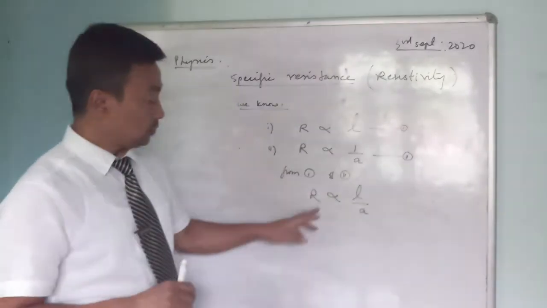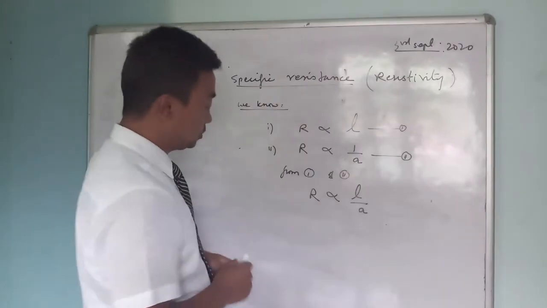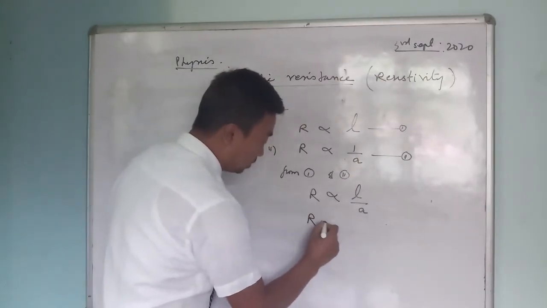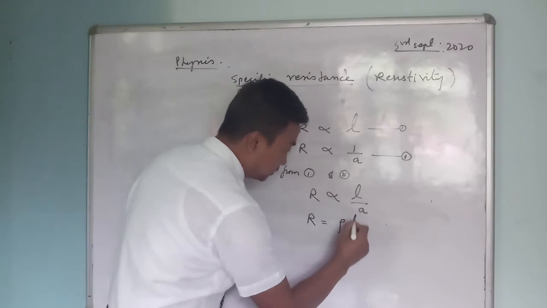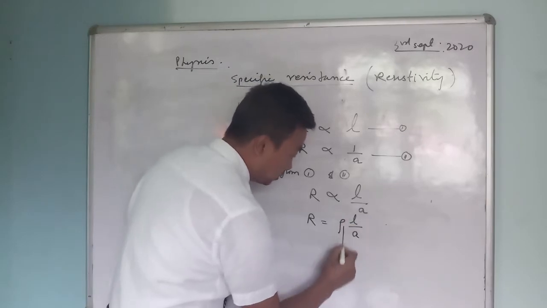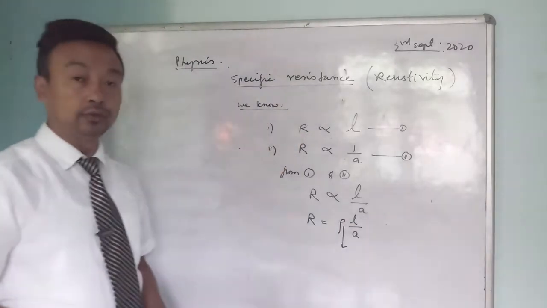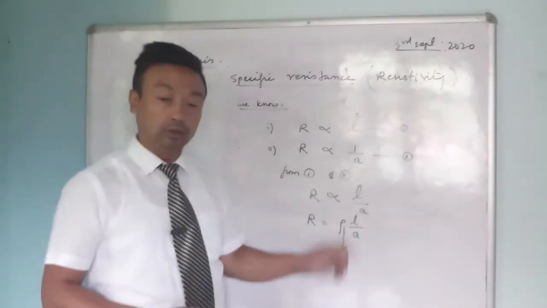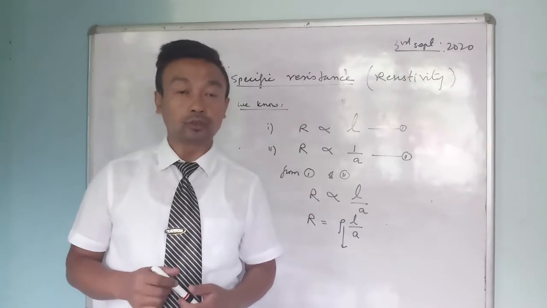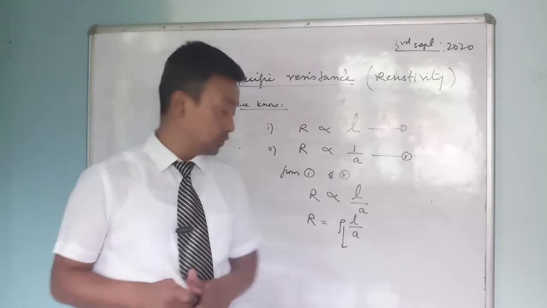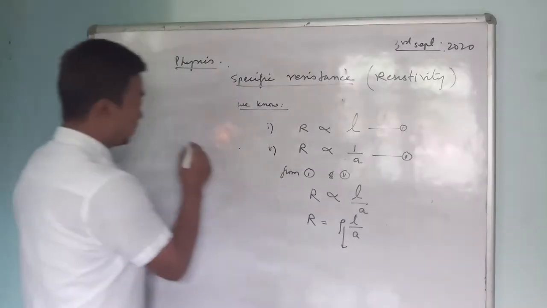Now when this proportionality is removed, it is replaced by a constant. Here this constant is given a special symbol rho, and this constant is called the resistivity.